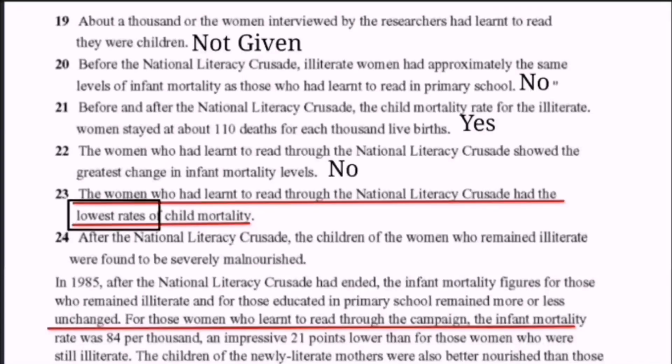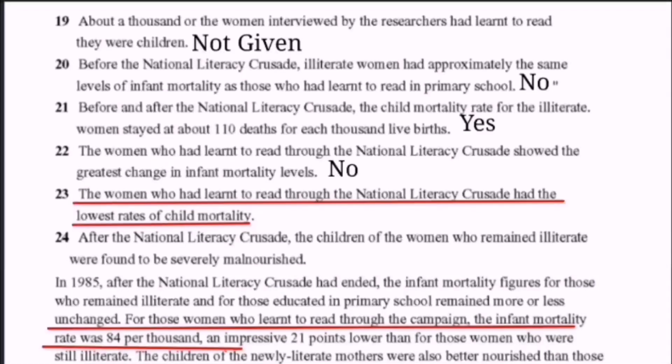Whereas in the third line of paragraph 6, for all those women who learned to read through the campaign, means National Literacy Crusade, the infant mortality rate was 84 per 1,000. So we can say that before the National Literacy Crusade, the infant mortality rate was 80 per 1,000, and after the National Literacy Crusade, the mortality rate is 84 per 1,000.